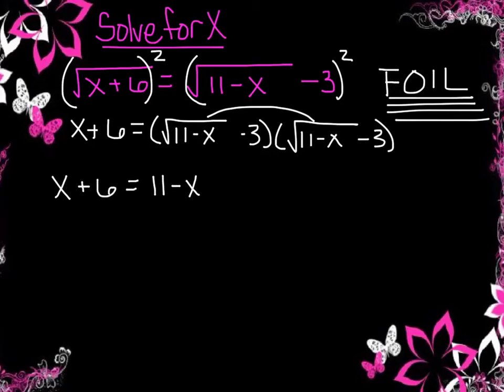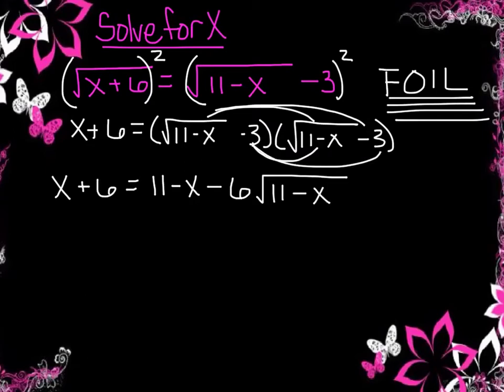And then outer, when I do minus 3 times the square root of 11 minus x, I get minus 3 root 11 minus x. And then I'm going to have inner, which is the same thing. So I'm just going to go ahead and add those together and have minus 6 square root of 11 minus x. And then when I do my last, I get plus 9. So I have now just one radical. I need to isolate it so I can square both sides again.